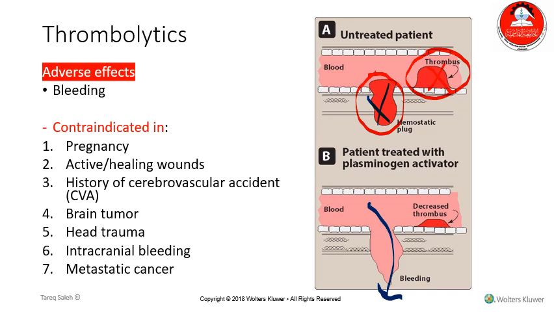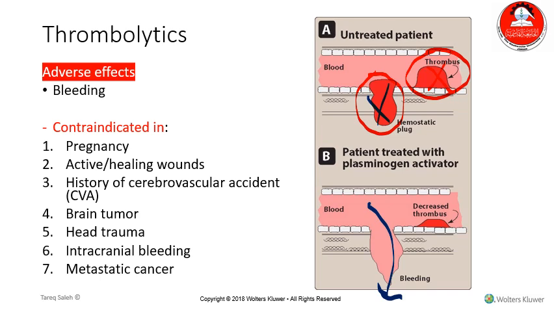For example, if a patient who has a pre-existing gastric ulcer has suffered from myocardial infarction, and you decide to give that patient a thrombolytic agent immediately in the emergency department, that patient may start suffering from gastric bleeding or a bleeding ulcer following the injection of a thrombolytic agent.